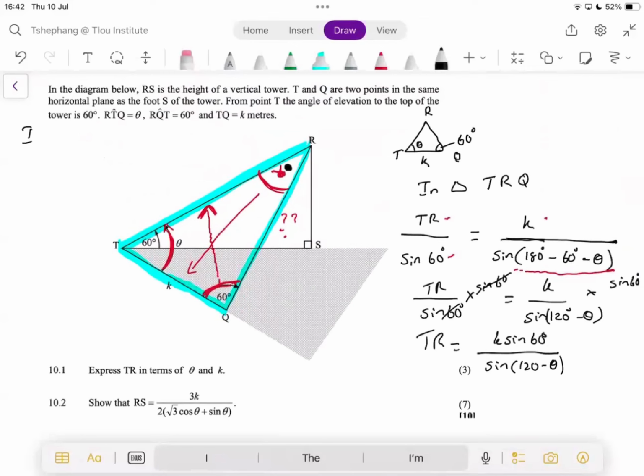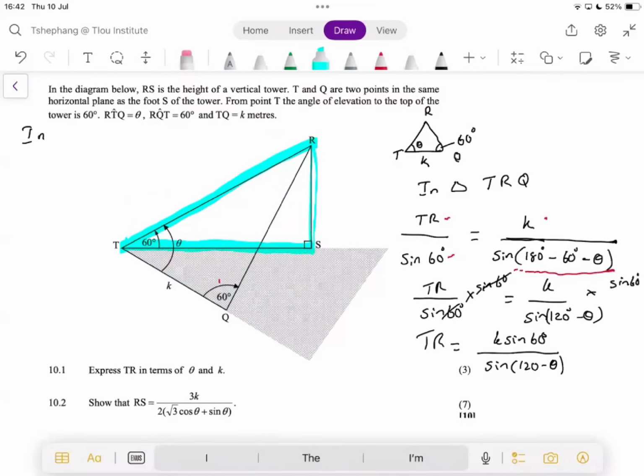I want us to look at triangle TRS, the 90-degree triangle. Just hold on for a bit, just so everyone knows where we are.